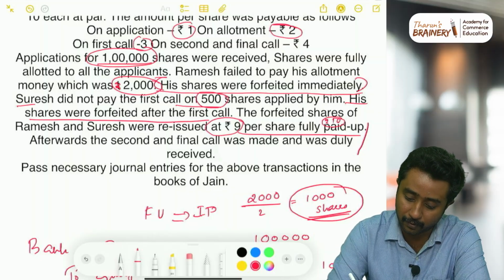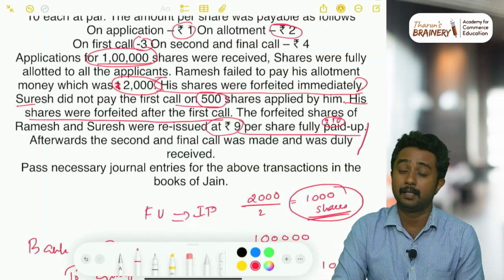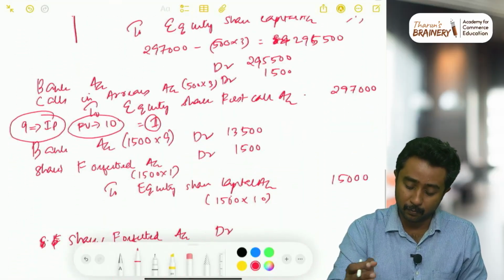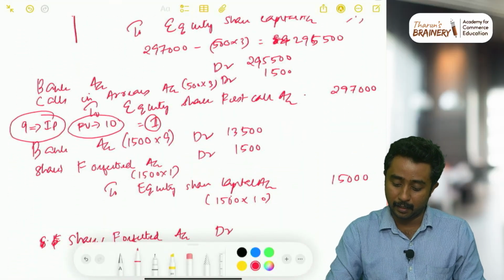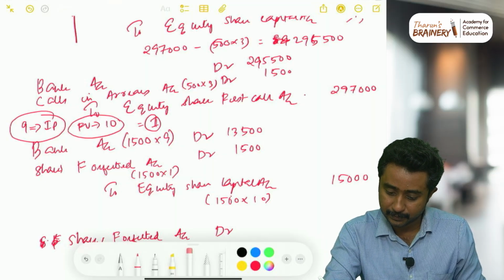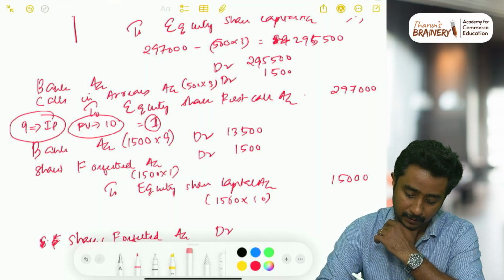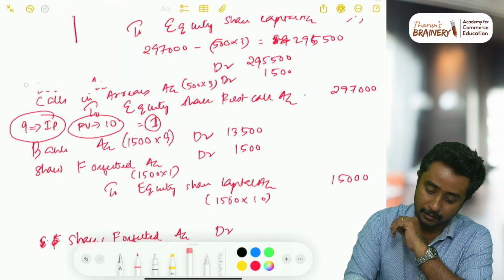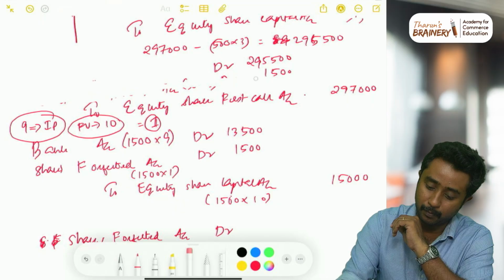His shares were forfeited after the first call. We directly went to the reissue entry before this. So in between, one more entry will come. Here we have passed the entry for this one cancellation. Instead of that, you have to pass one more entry in between, which I will discuss now.